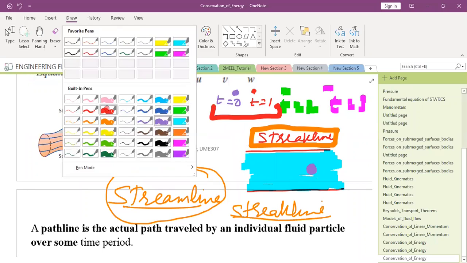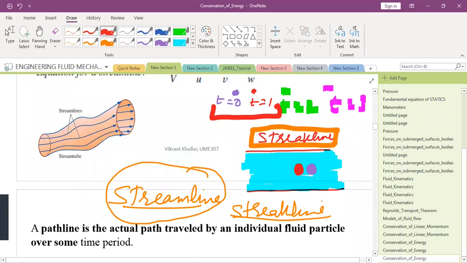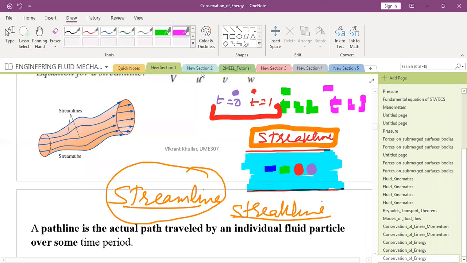Then there is red, then green, and at last the pink.